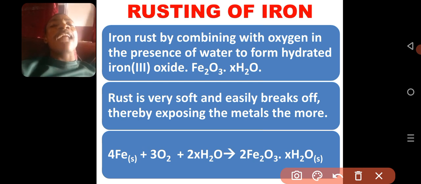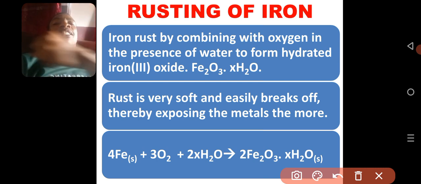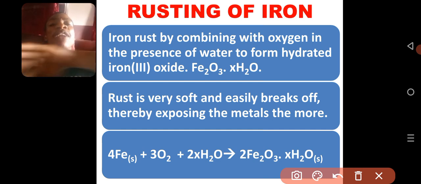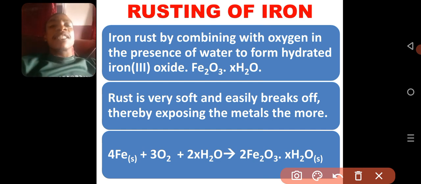So if an iron begins to rust, the iron is sure to rust completely, because the rust layer doesn't stick to the surface of the metal. The rust layer will flake off and expose the fresh metal inside to another layer of rusting.